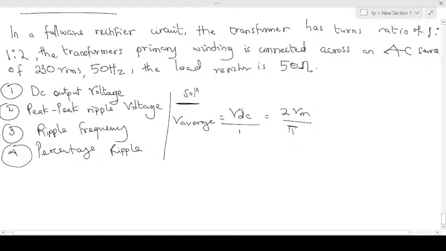Now, we do not have Vm. It is not stated in the question. So we need to find Vm for this full wave rectifier.